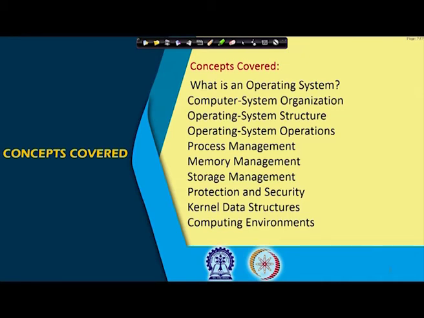Then system protection and security. Most of the systems that we have today are multi-user systems. A multi-user system is good because several users can give jobs to the computer system, and the computer system can run them in due course of time. But the problem is that not every user is well-behaved.